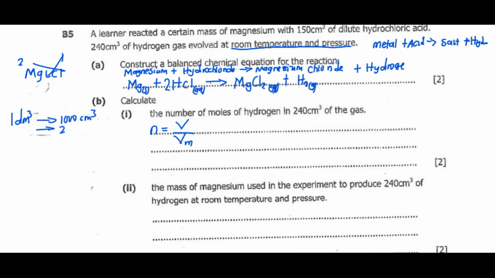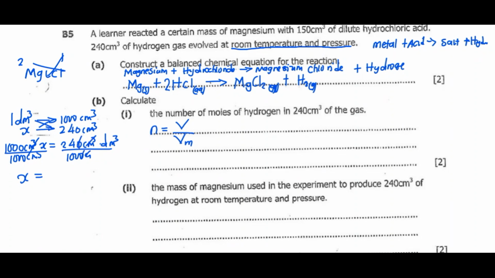So we put our 240 here where we have cubic centimeters, then we cross multiply. The whole concept is that whenever you are converting from centimeter cubed into decimeter cubed, you just have to divide by 1,000. So what is 240 divided by 1,000?